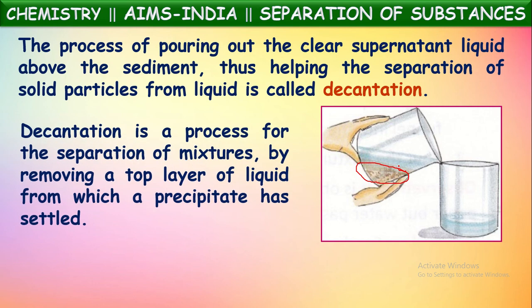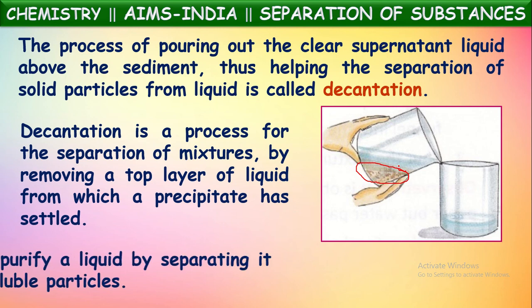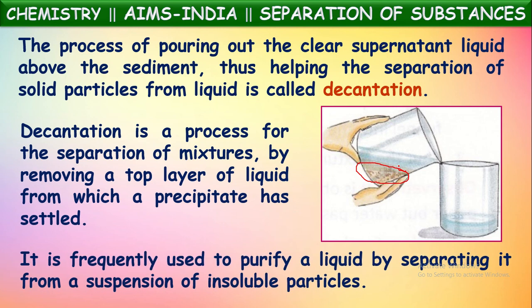Decantation is a process for the separation of mixtures by removing a top layer of liquid from which a precipitate has settled. So the supernatant liquid is separated into another container, leaving the sediment in the previous container. It is frequently used to purify a liquid by separating it from a suspension of insoluble particles.